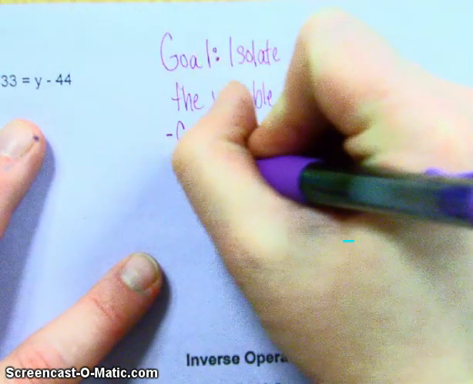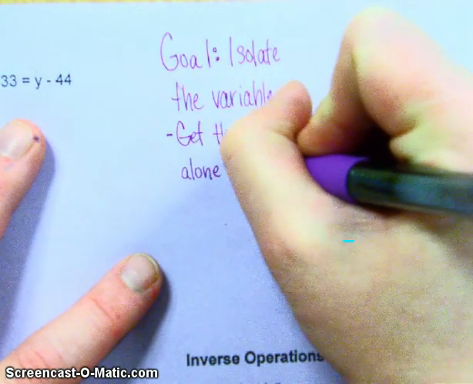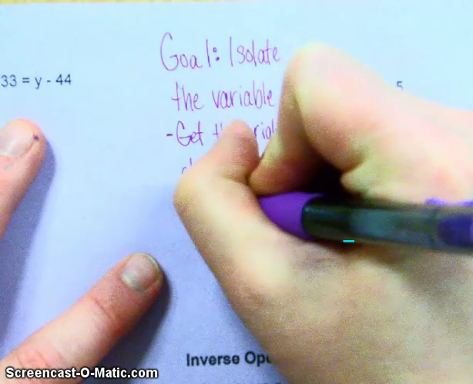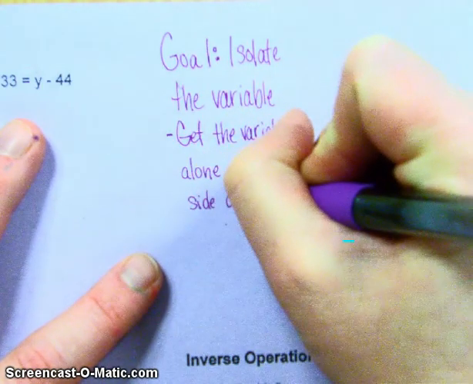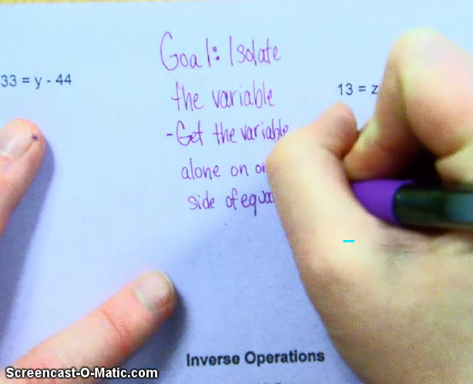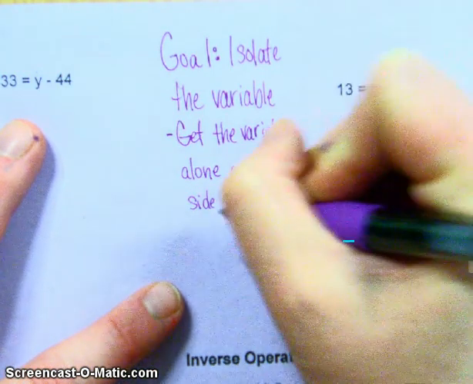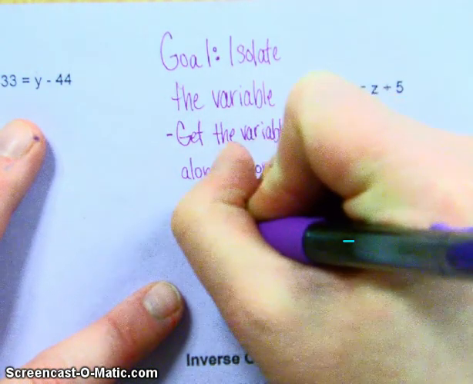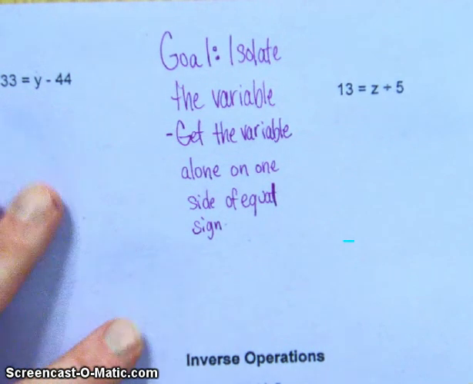Get the variable alone on one side of the equation, or the equal sign. Okay, that's our goal.